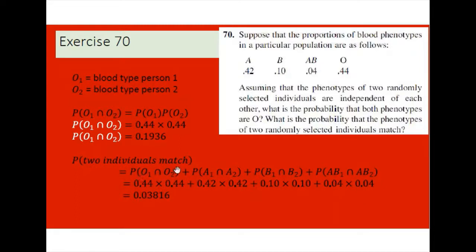But because these events are independent, the probability of O1 intersection O2 is the probability of O1 times the probability of O2, or the probability of B1 intersection B2 is the probability of B1 times the probability of B2.